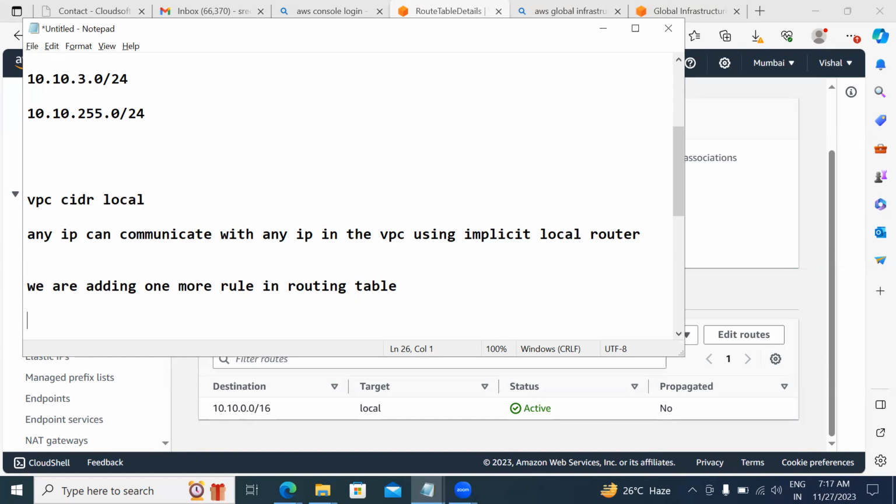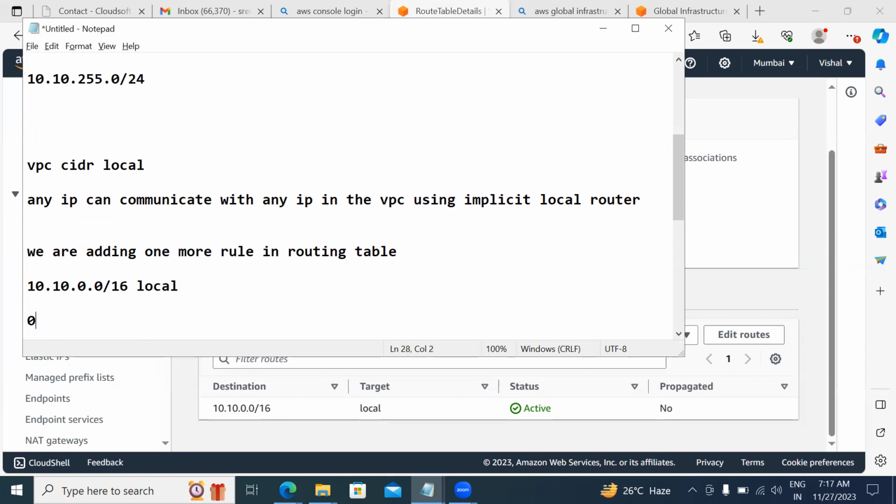So I'm adding one more rule. By default, even if I create a new route table, this 10.10.0.0/16 local won't change. Then I'm adding one more rule, 0.0.0.0/0. If this IP comes, use internet gateway. What this means is, if any 10 dot series IP comes, use the internal router.